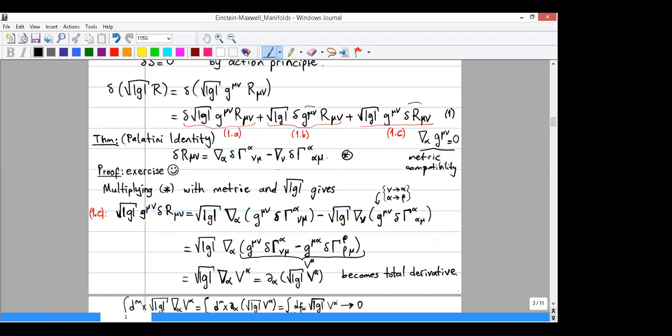You just need to write R_mu_nu as R^alpha_mu_alpha_nu, apply delta to both sides, and write the Riemann tensor in terms of its definition, which includes Christoffel symbols. Then you are going to end up with this identity. It is straightforward. So we are going to use that here.